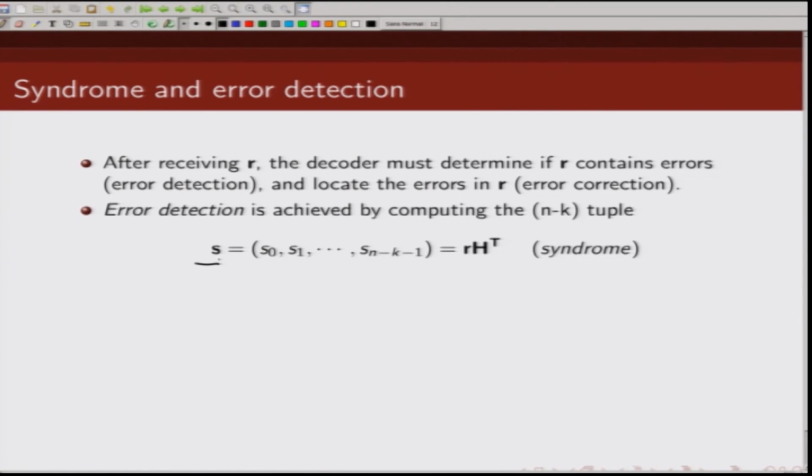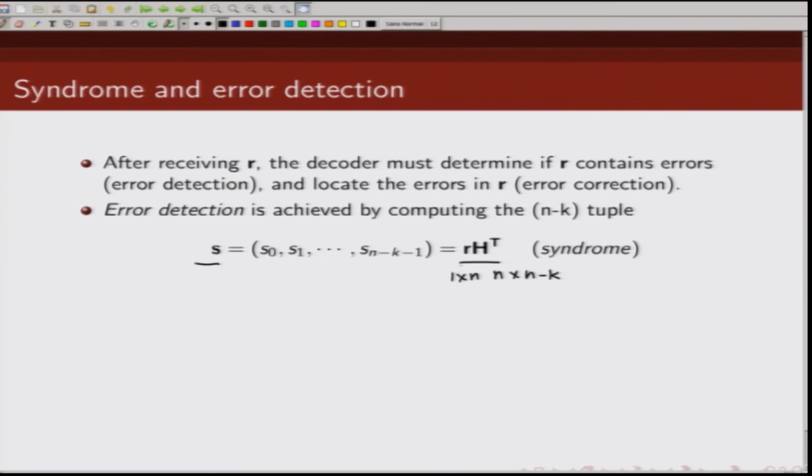What is a syndrome? Syndrome is computed by computing R H transpose. R is a 1 cross n vector, H is an n minus k cross n matrix, so H transpose is an n into n minus k matrix.